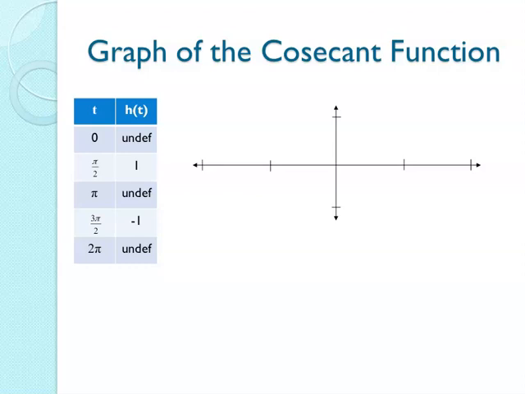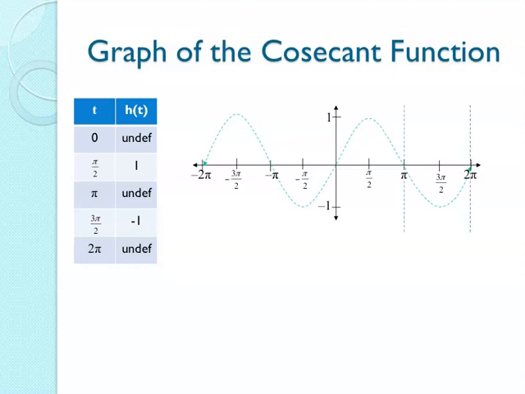So now, in order to help us graph, I'm going to very lightly draw in the sine function. You can make it a dotted line or put it in a different color. After I've drawn that in, anywhere that the sine function crosses the x-axis, I'm going to draw in a vertical asymptote.